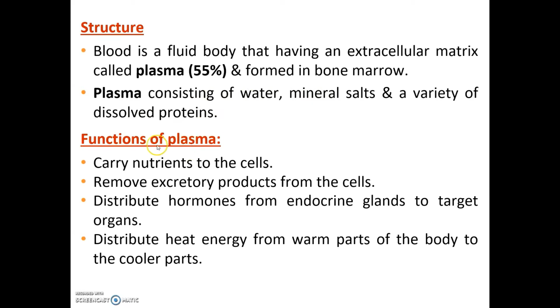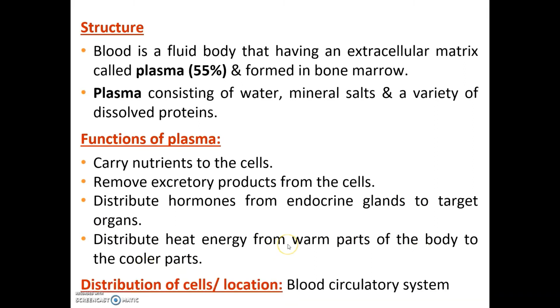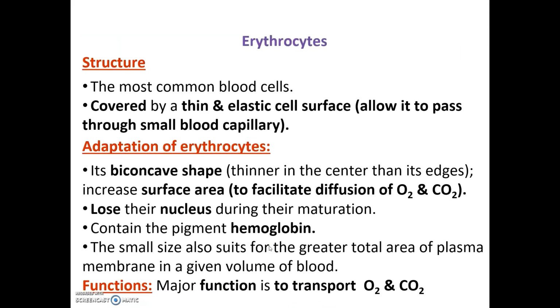The function of plasma is to carry nutrients to the cell, remove excretory products from the cell, distribute hormones from the glands to the organs, or distribute heat energy from the warm part of the body to the cooler part. So distribution can be found in the blood circulatory system.